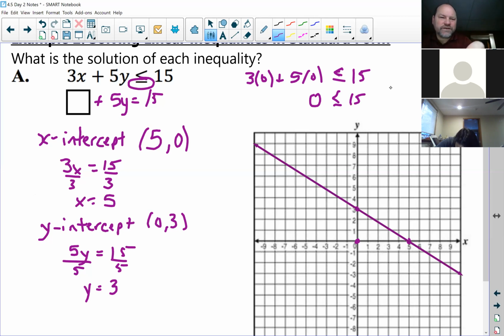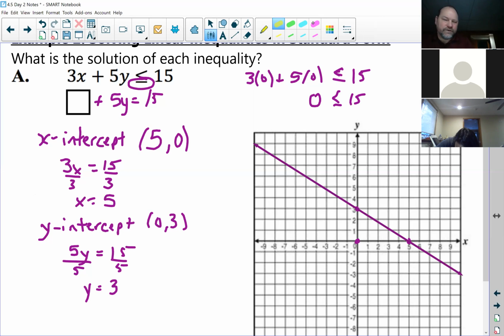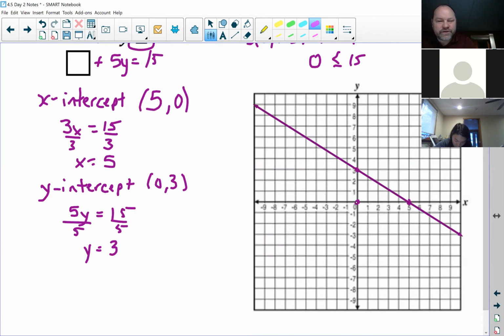And is 0 less than 15? You can answer that one. I think 0 is less than 15. I'm almost like 99.999% positive. So we shade on the side that 0, 0 is.